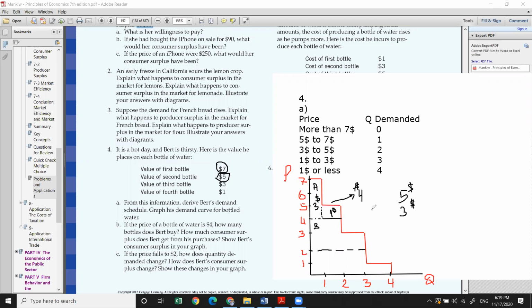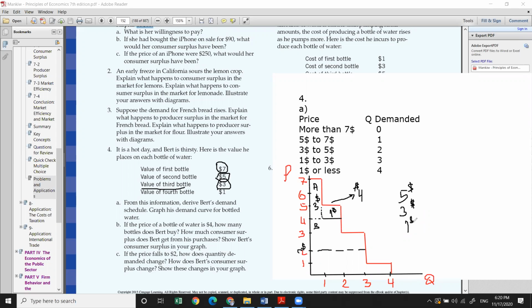And the third bottle, here we go, he is willing to pay $3, but he is actually paying $2. $1 surplus for the third bottle.